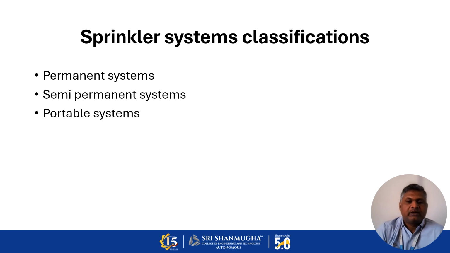In the semi-permanent system, the riser pipes and other sub-main pipes are semi-permanent, so we can remove the riser pipe and the sprinklers and shift them to other places whenever required. In the portable system, we provide the irrigation with prime movers, and close the system after the irrigation is over. When another irrigation is required, we take the sprinkler system with mobility, like prime movers, and the irrigation is done.